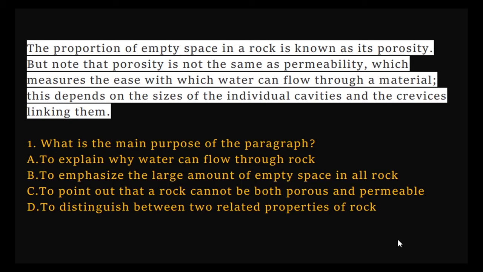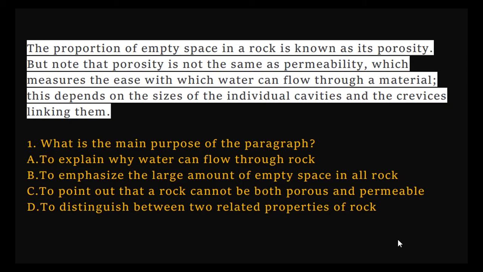Now we have C and D. C, to point out that all rock cannot be both porous and permeable. This is incorrect because the author is not trying to point out something porous and permeable simultaneously. So we're left with D, to distinguish between 2 related properties of rock.